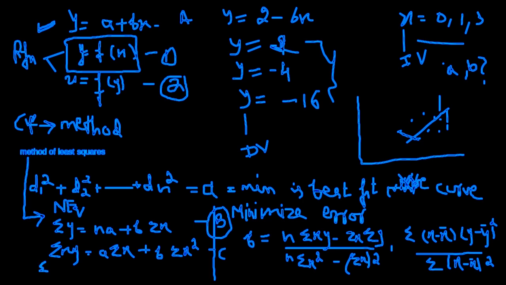Summation y upon n, and here we will be left with a only, plus b summation x by n. Now you tell me what is this? Summation y by n equals a plus b summation x by n. What is this?